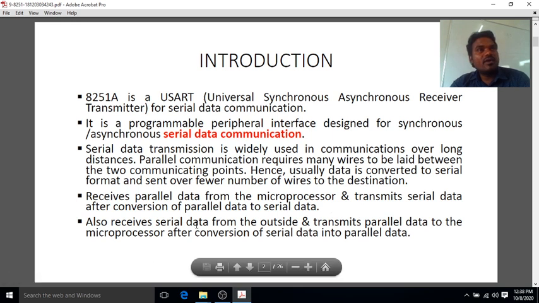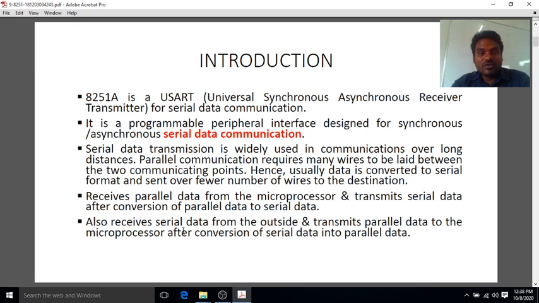Here the important point is that the 8251 supports serial data communication, but the processor supports parallel data communication, so whatever data the 8251 takes is in parallel form, and the 8251 is going to convert that parallel format into serial form.